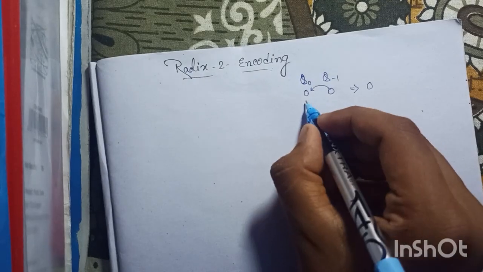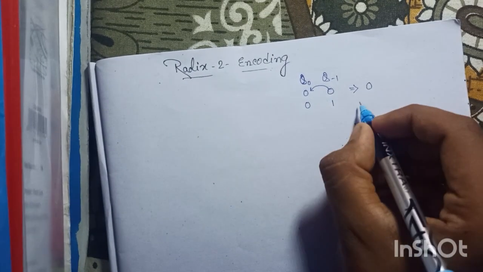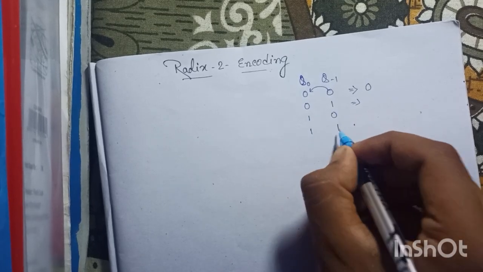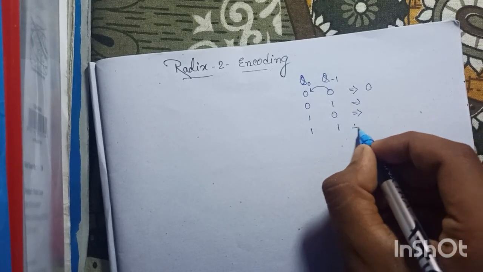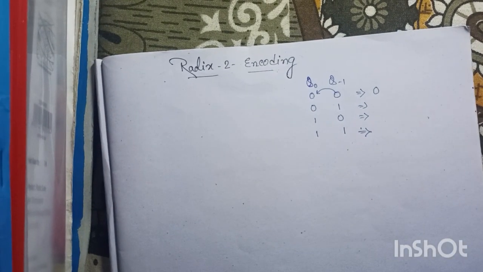And accordingly we know 0 1, then 1 0, and then 1 1. I think we all know about this, so don't need to bother about it.